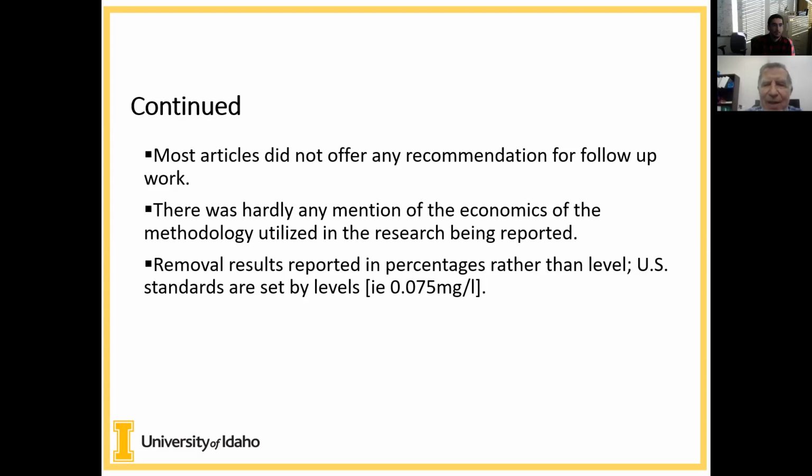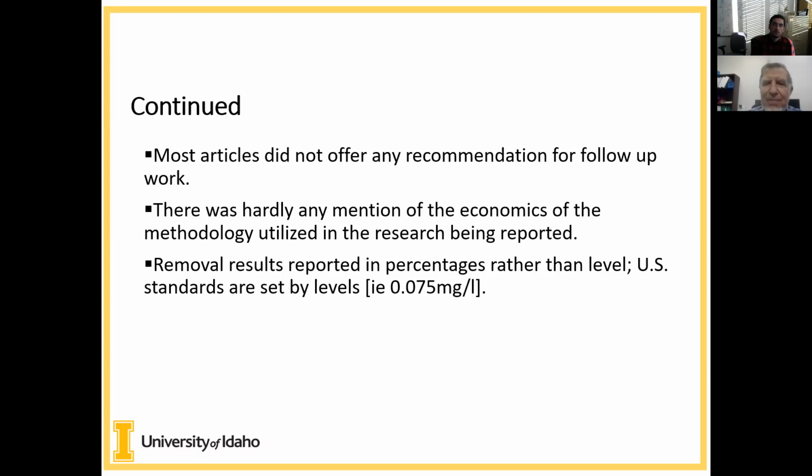Removal rates, and I've mentioned this a couple of times, were reported in percentages rather than level. And the percentages carried out to the 100th%, to me, just did not make sense, but it was something that they reported, so I reported it. The United States standards are set by levels, such as 0.075 milligrams per liter, which is the Idaho standard for phosphorus in fresh water.